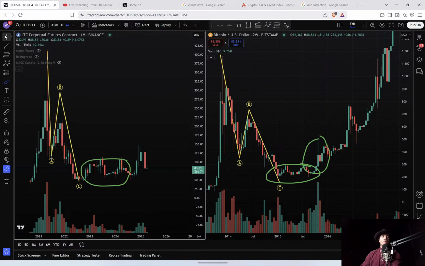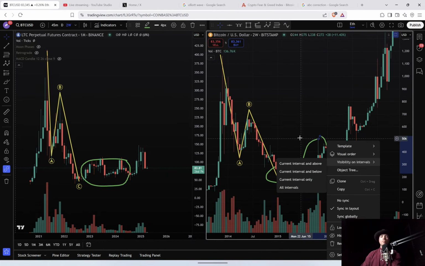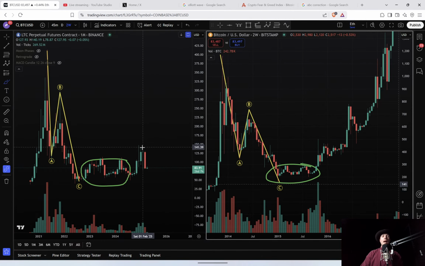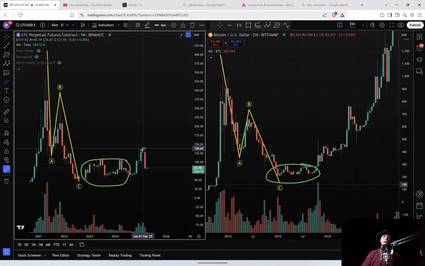And you can see both Bitcoin and Litecoin also pulled back. After Bitcoin broke out to $500 here, it pulled back down to 300 right here. And you can see Litecoin doing the same thing, breaking out from 57 up to 145 and seeing a pullback right here.